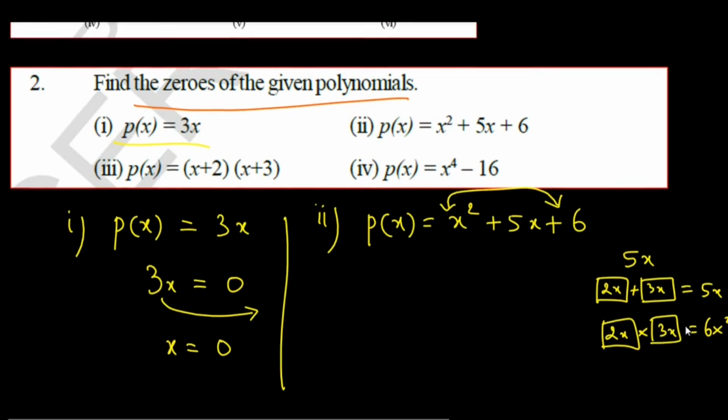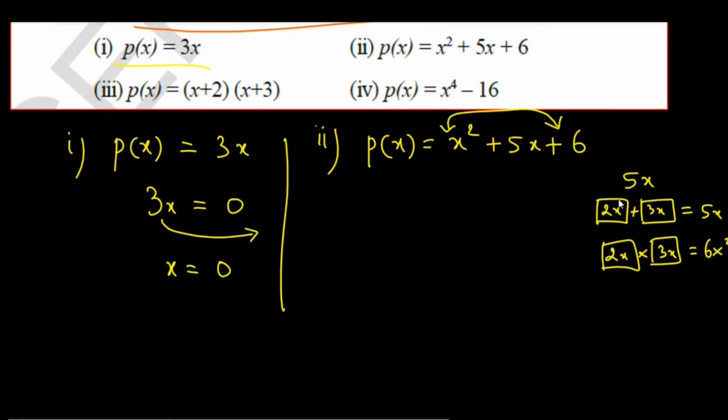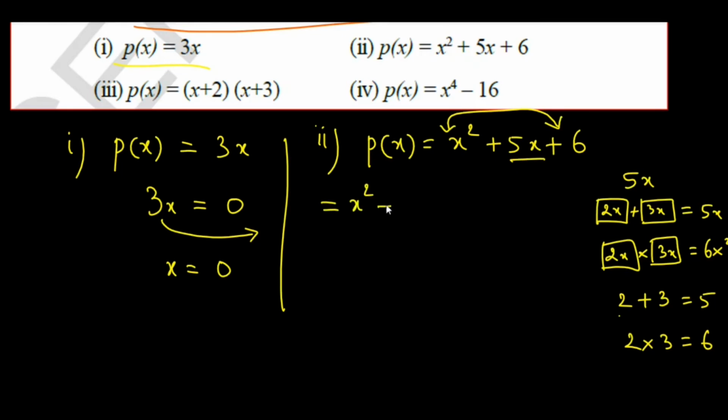Just by taking the coefficients also, we can decide the factors. 2 plus 3, we are getting 5. 2 into 3, we are getting 6. So we can split the middle term as x square plus 2x plus 3x plus 6. The middle term 5x is split up into 2x plus 3x here. Now group x square plus 2x and 3x plus 6. x square plus 2x has a common factor x.